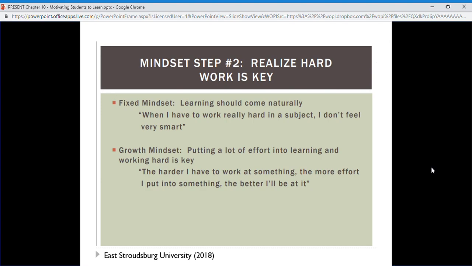Whereas with a growth mindset, one would think that putting a lot of effort into learning and working hard is key. So the harder I have to work at something, the more effort I put into something, the better I'll be at it in the end. And realizing that continual growth and continual hard work is what's going to get you to the highest level of achievement possible.